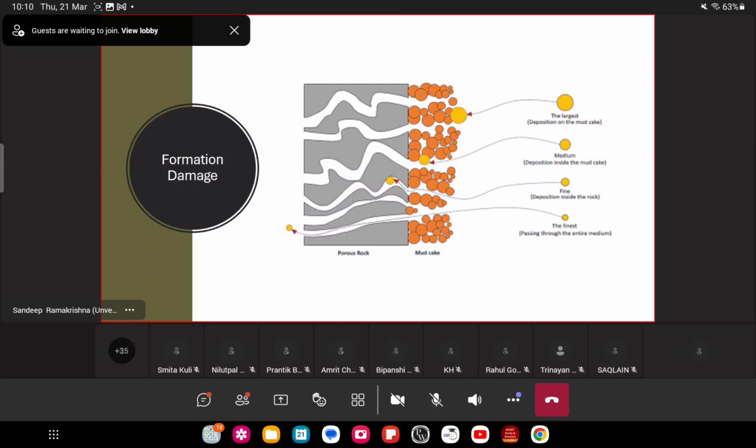Consequences, it's quite straightforward, quite understandable: you want to minimize that damage so that you can increase your productivity. And if you don't, you are seeing some added cost and a decrease in your productivity, right?